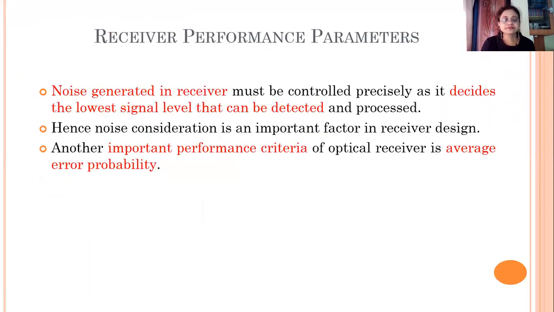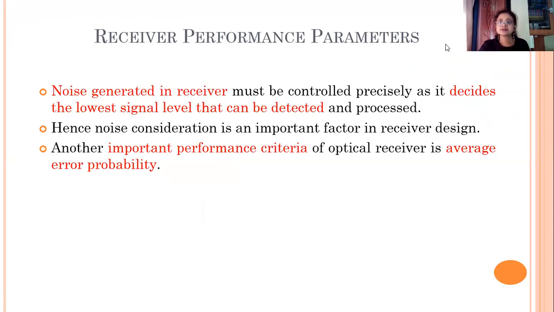So let me explain why this topic is so important, why noises are so important in the receiver's performance. If you recall from the transmission system, or even the photodetector operations, one thing is clear: the powers or the signals which are present over these systems are already very low, and when it transmits over a long distance and reaches the receiver, it gets further deteriorated.